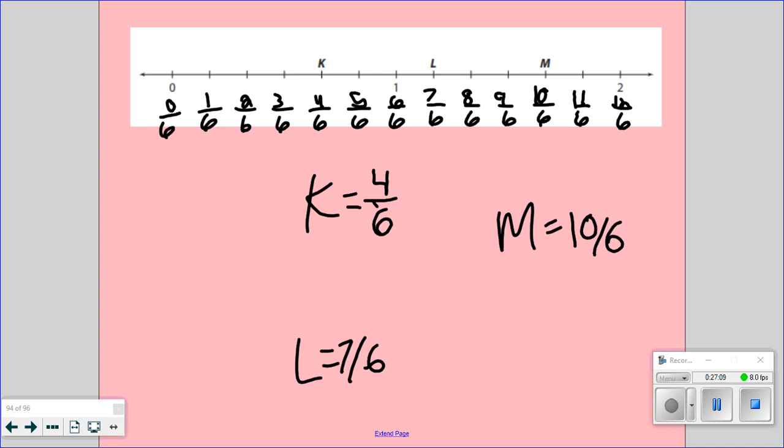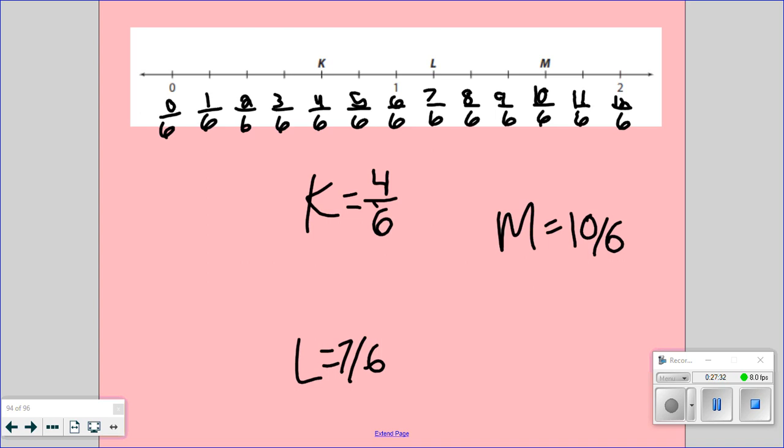I have 2. Go for it. 7/6 and 10/6. 7/6 is larger than 1, and 10/6 is larger than 1. Addison, how do you know that? I look at the number line, and I can look above 1, and I can see L is just above 1, and M is right above.